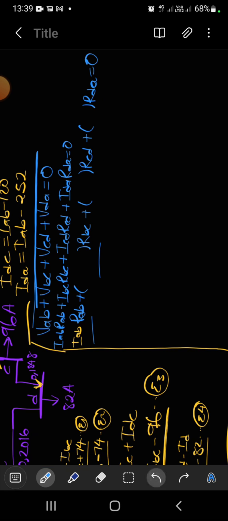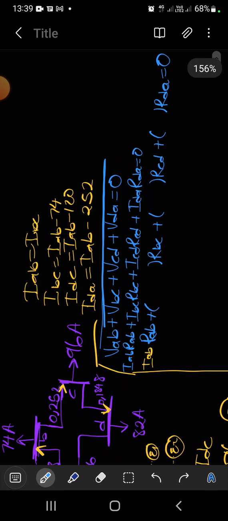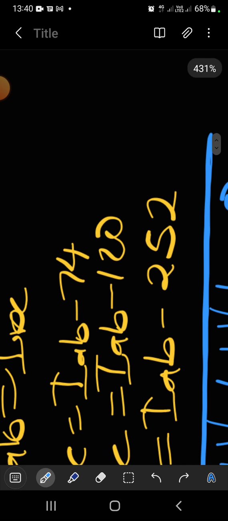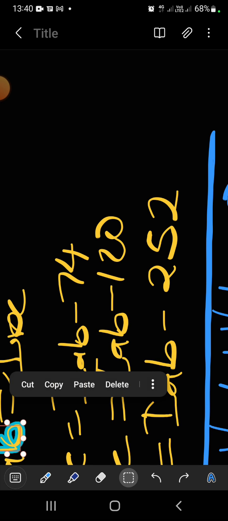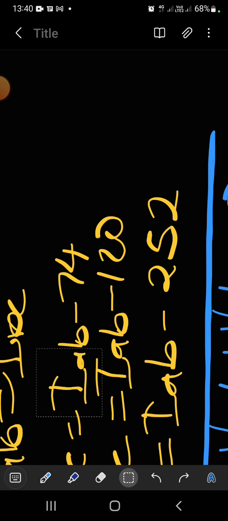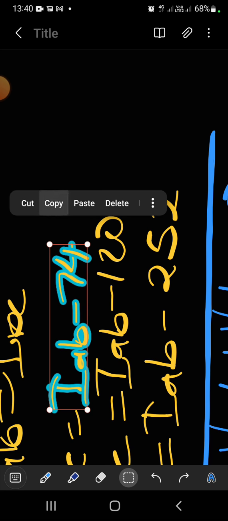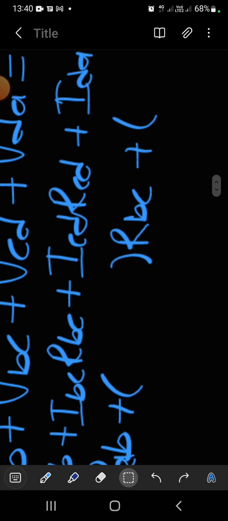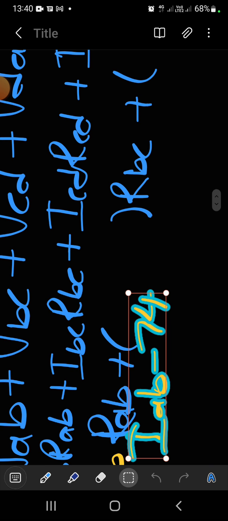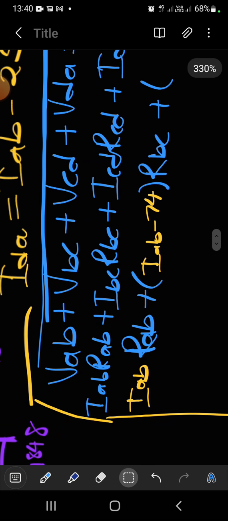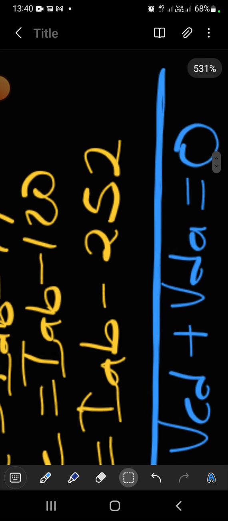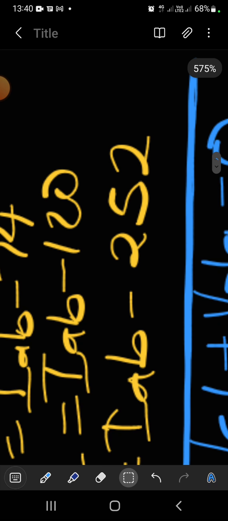Cool. Now I'm just gonna copy all of these currents and place them at the rightful places. We first start with BC. Copy, paste. First I'm gonna make it a bit smaller and then put it in there. Good. That's BC, and then we have DC. We do the same thing.